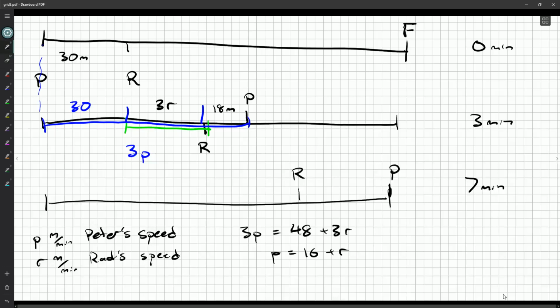Okay. Now, at the end of the race, Peter has gone 7p, the total distance from Peter's starting point to his ending point.